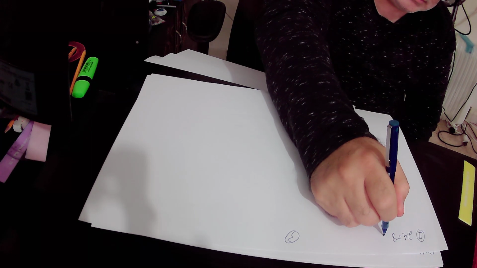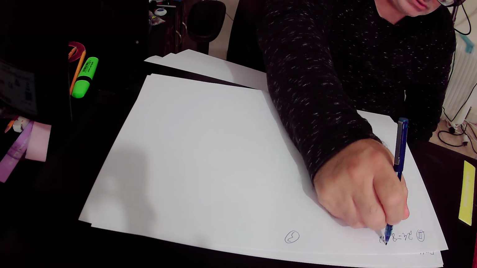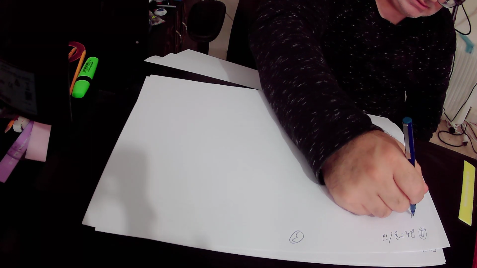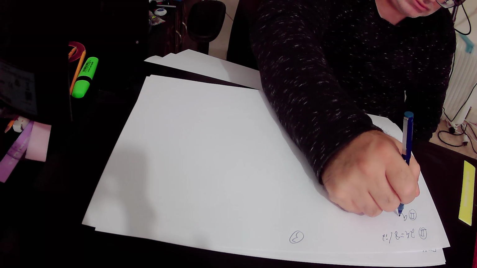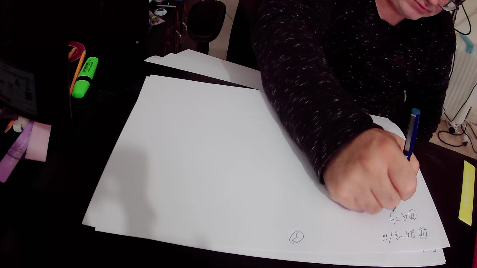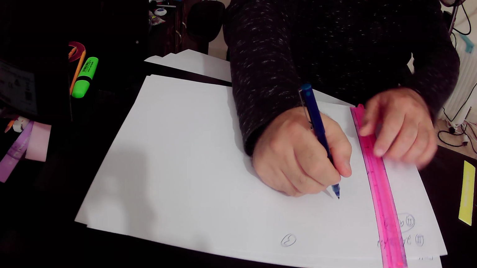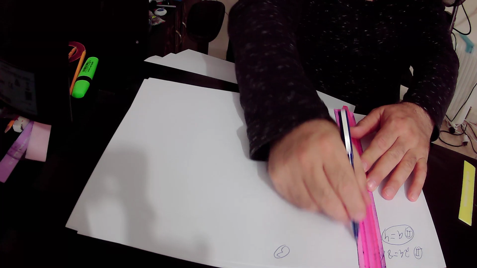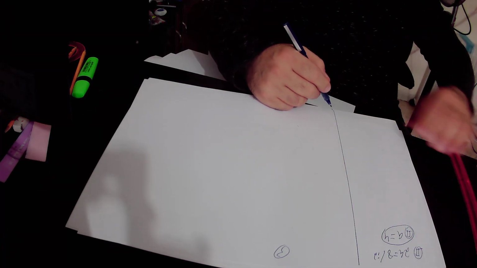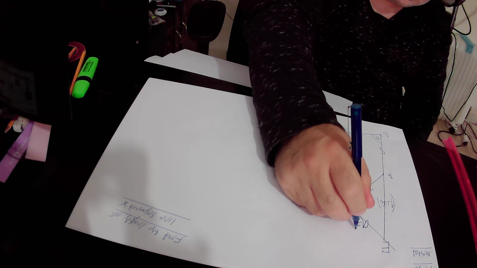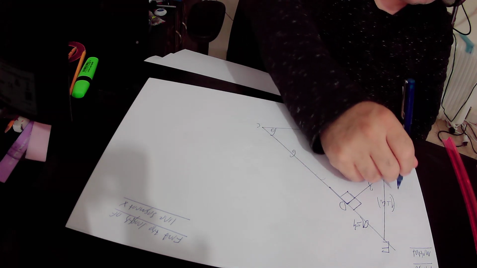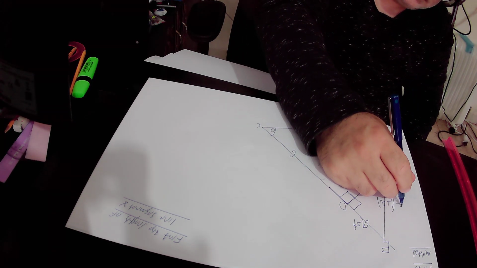Here we'll divide this equation by 2, and we'll get that A equals 8 over 2, which is 4. A equals 4. So here we actually found out that A equals 4. Therefore, 1 plus A will be equal to 5.